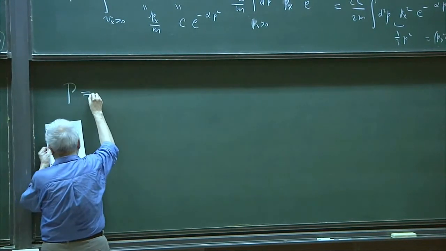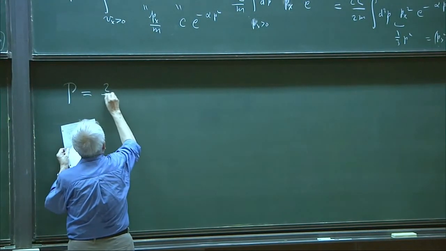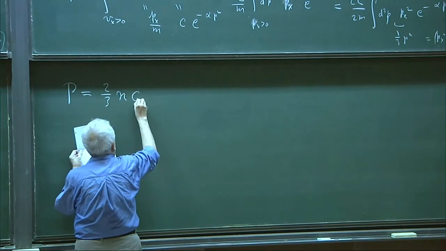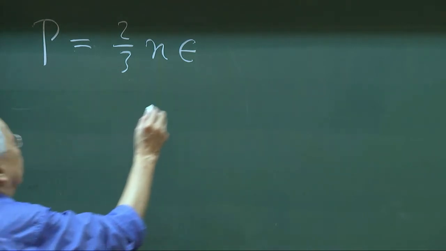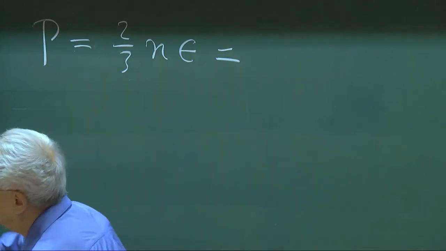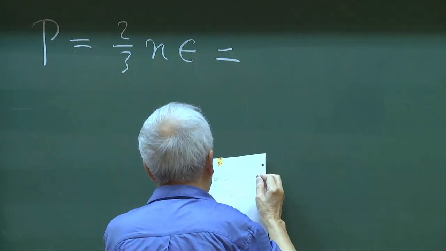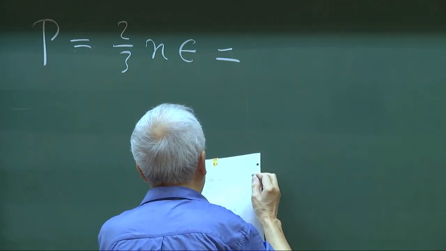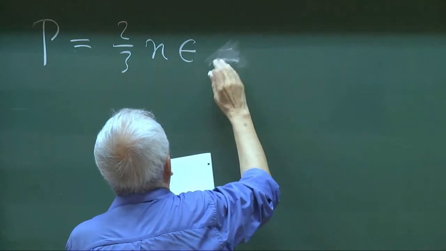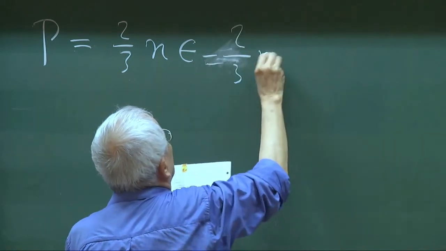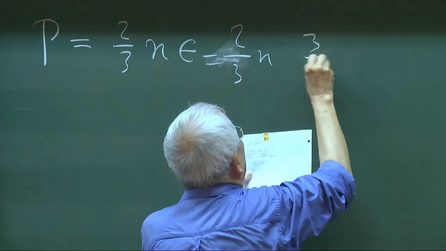So without ado, you can write down the answer immediately. P is equal to 2/3 times the density times the energy per unit volume. And epsilon was given here in terms of alpha. Therefore, it is equal to 2/3 n, and epsilon is 3/2 kT.